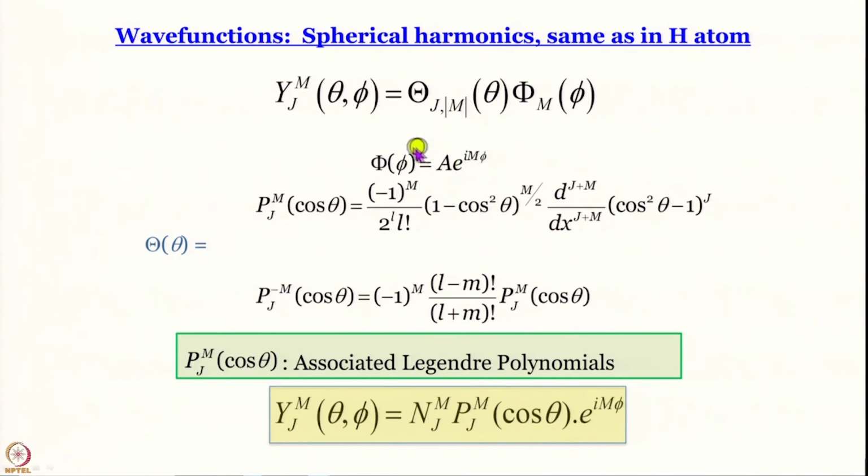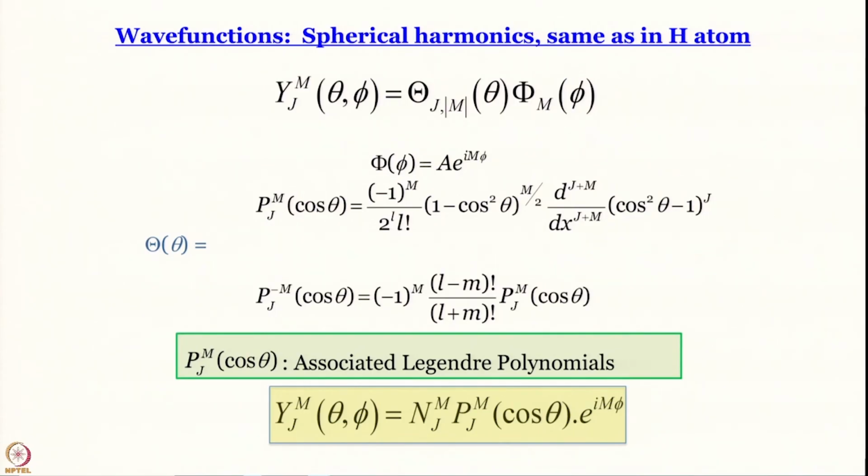Also, do not forget that the theta dependent part and the phi dependent part are related by this m square, so it also gives us a limit to the value of capital M. J turns out to be 0 and positive integers, 1, 2, 3, 4, and the limit of capital M turns out to be J. So, if J equals 3, for example, you can have M equal to 0, plus minus 1, plus minus 2, plus minus 3. So, we have 2J plus 1 values of M.